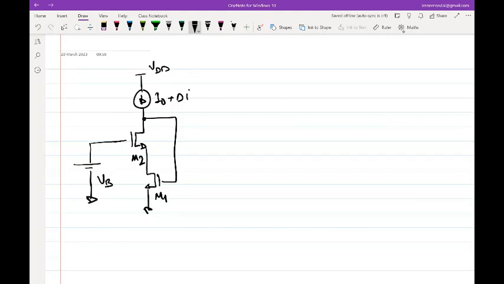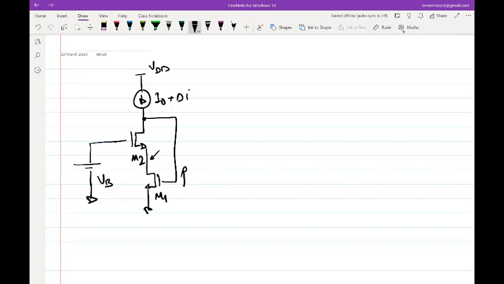M1, right? Because ultimately the knob is VGS, and if the VGS of M1 increases, then obviously it will be able to absorb the current. And since it's a constant current bias, the VGS of M2 will also change. But note that since the gate voltage is constant, the source voltage will adjust itself.